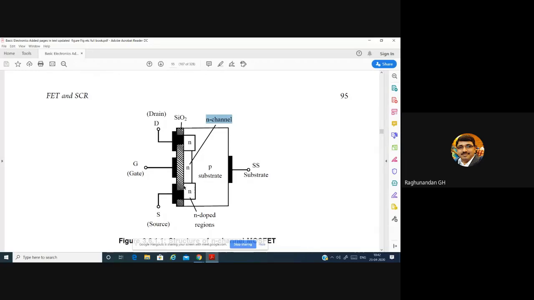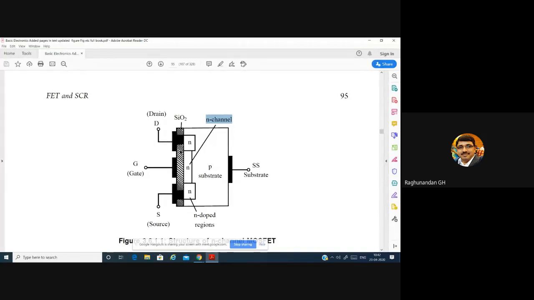We can call it a well. It looks like a well, no? So we can call it an N well. So this metallic contact is in contact with the N well. This metallic contact is in contact with this N well. But this metallic contact is not having any connection with this N channel. So there is no connection between these two. They are insulated.